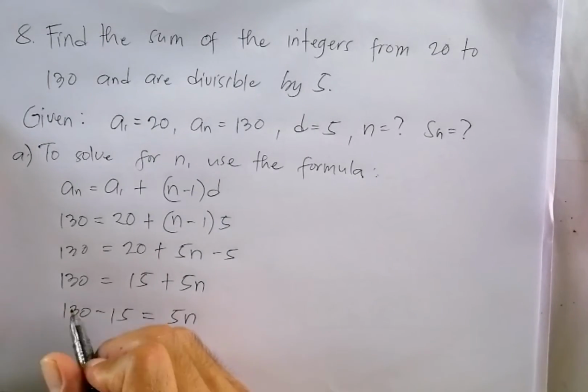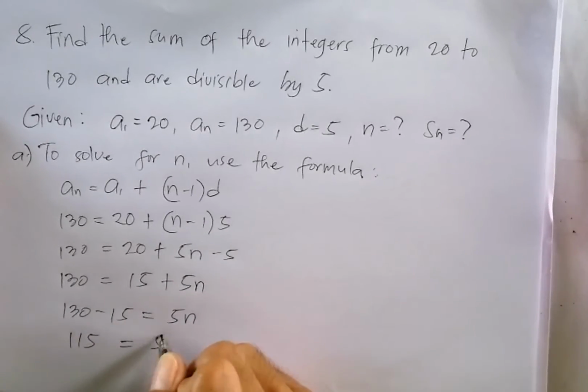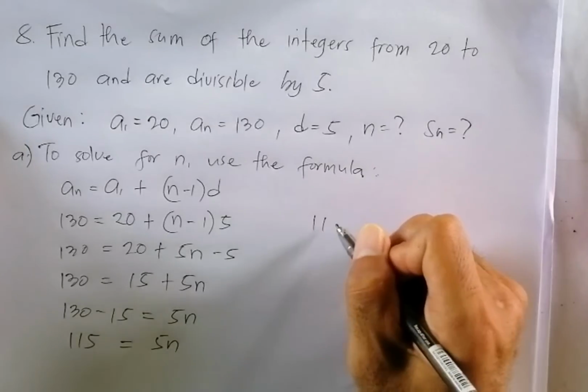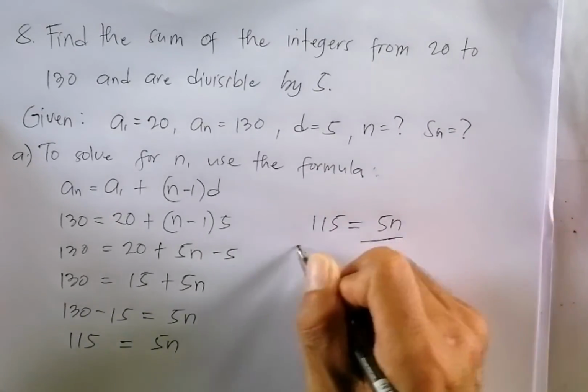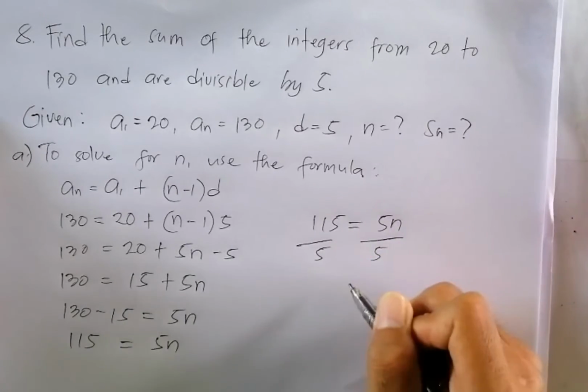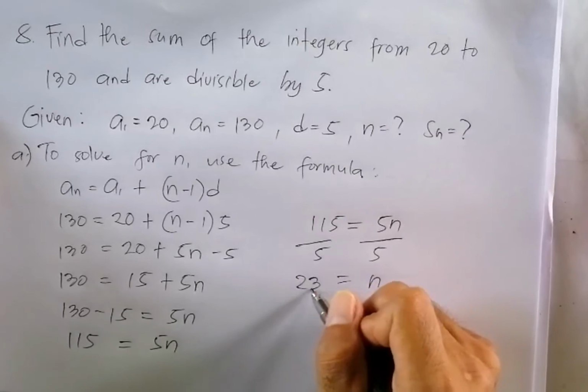Then 115 is equal to 5n, and divide both sides of the equation by 5. So n is equal to 23.